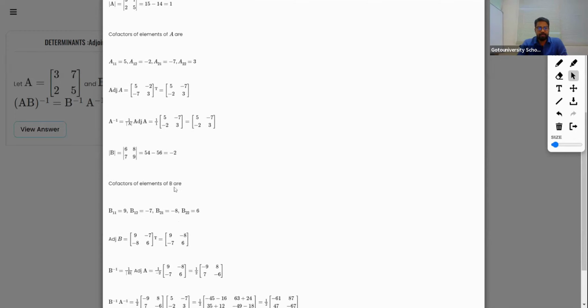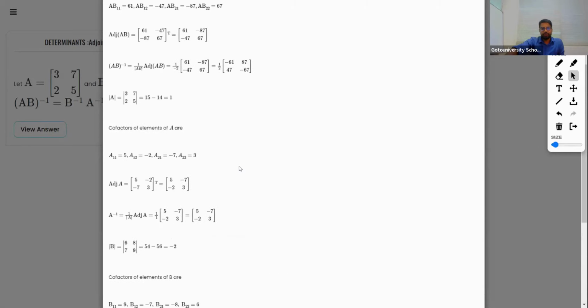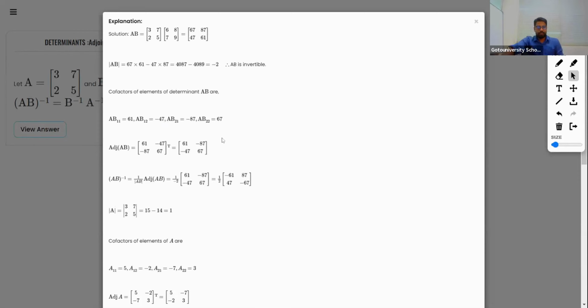The determinant of B we have got, the cofactors of B we have got, and the inverse of B also. The product of B inverse into A inverse has been solved here, and we have got an answer, and that answer should be equal to the inverse of AB. The inverse of AB has been solved here. I'm just showing you the explanation so that we don't waste our time solving this.